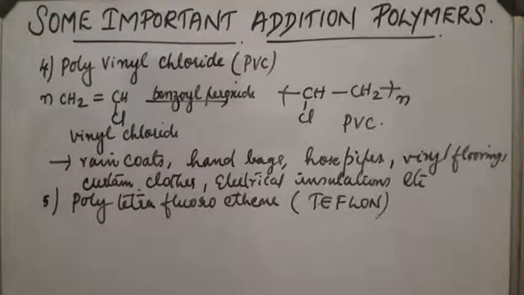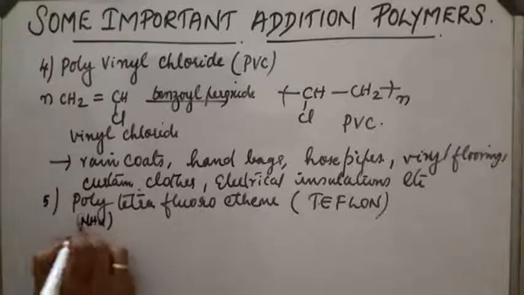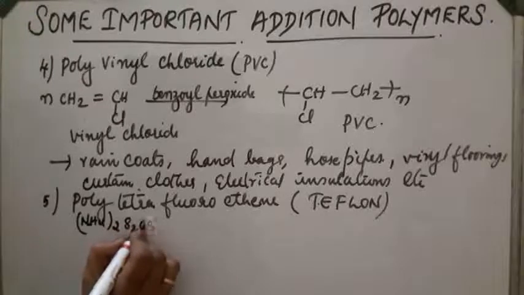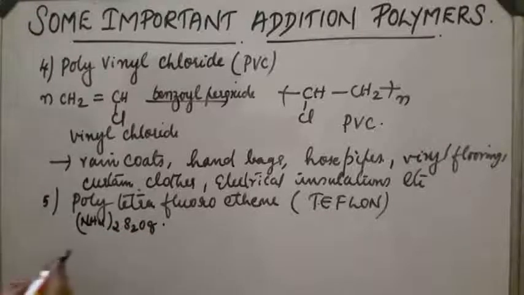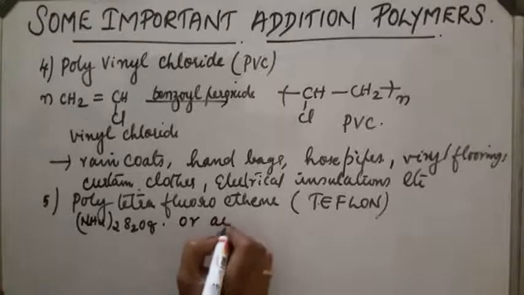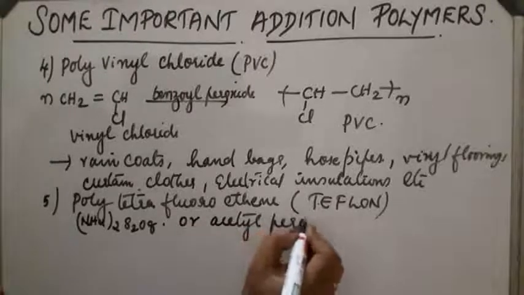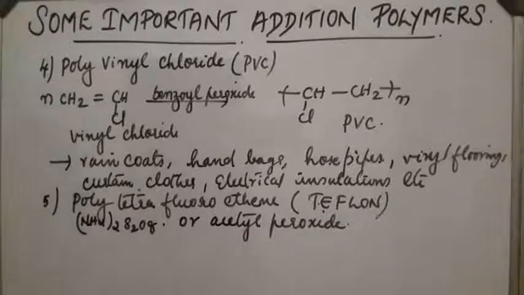Teflon can be obtained from the polymerization of tetrafluoroethene, CF2 double bond CF2, in the presence of a peroxide, acetyl peroxide or ammonium peroxosulfate, that is NH4. In the presence of this or acetyl peroxide, reaction takes place. Any of these catalysts can be used. It gets polymerized and the reaction takes place at a very high pressure. Okay, and Teflon will be obtained.